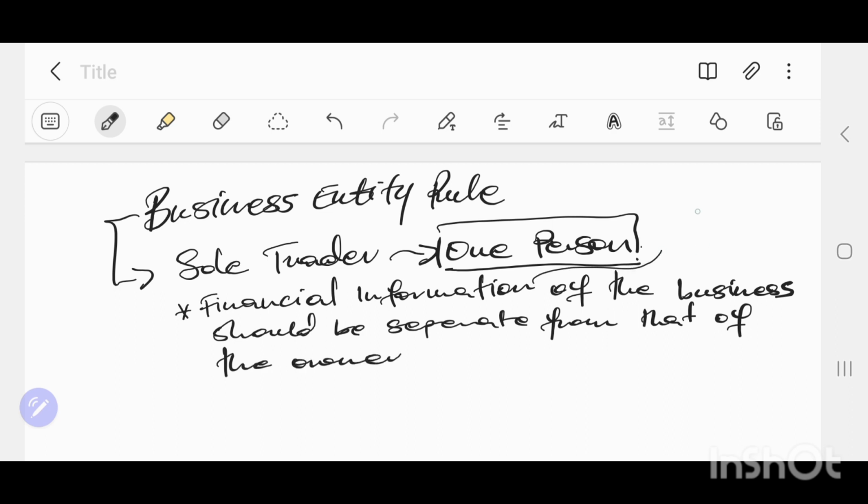So the financial affairs of the business should be separate from that of the owner.